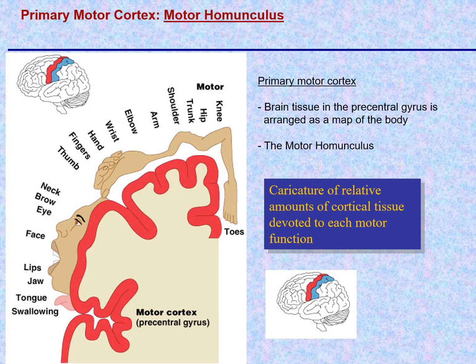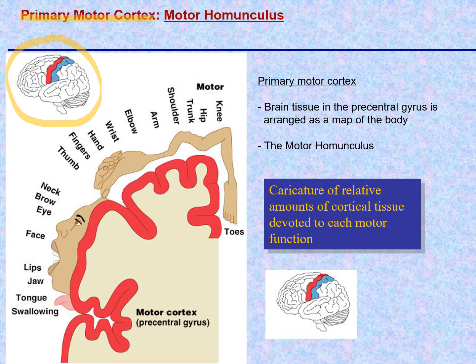And a key feature of the primary motor cortex, which of course, as shown here in this diagram, is located in the precentral gyrus, shown in red, is that the tissue is arranged in a set pattern that reflects different areas of the body.